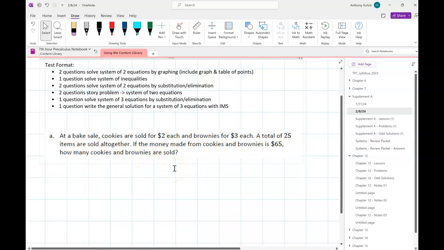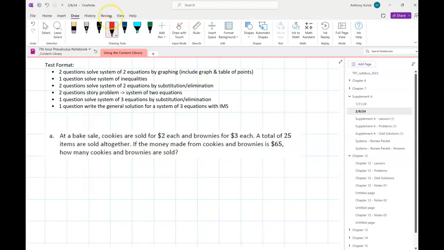The first thing I'd want to do is identify what the question is asking for. So if you read this, what is the question asking you to find? Great. So those will represent our variables.